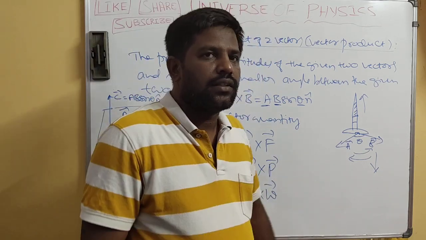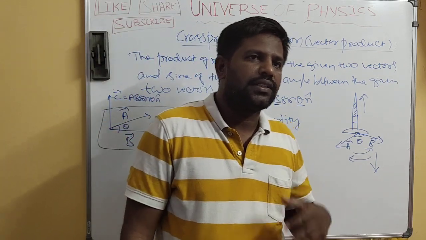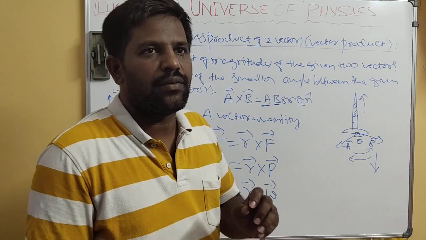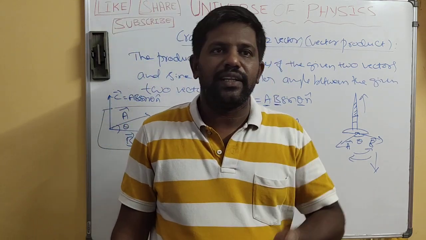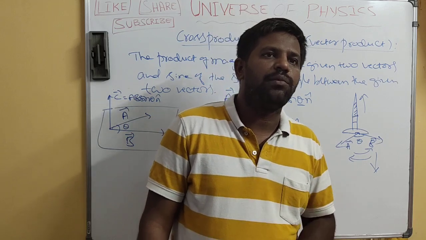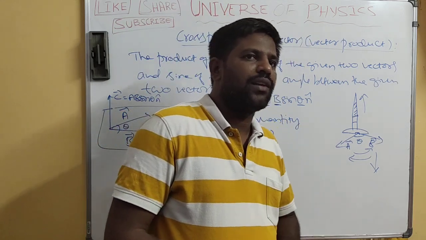Once again, the cross product of two vectors or vector product of two vectors is defined as the product of magnitudes of the given two vectors and sine of the smaller angle between the given two vectors, and it is a vector quantity.